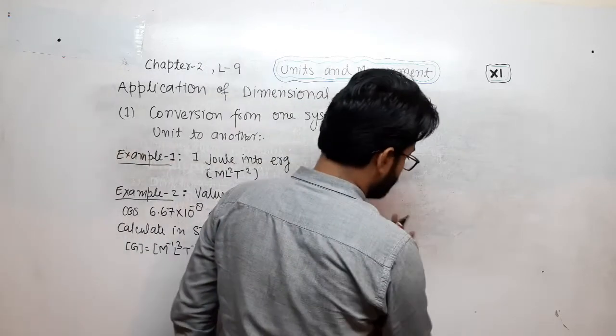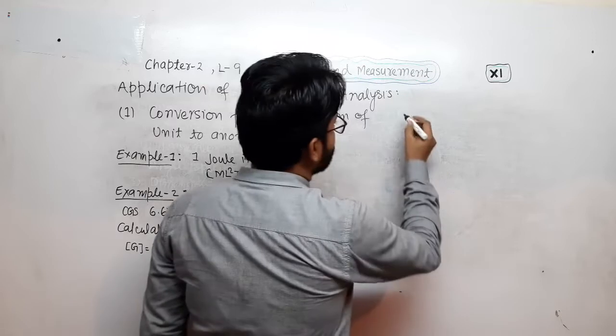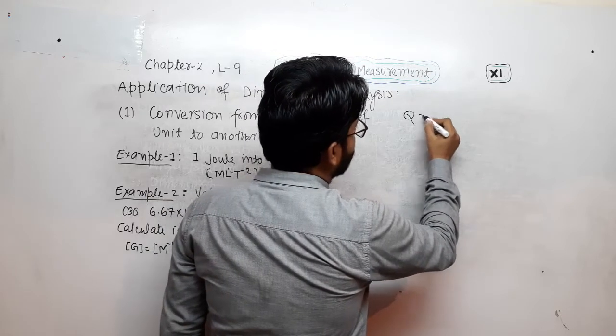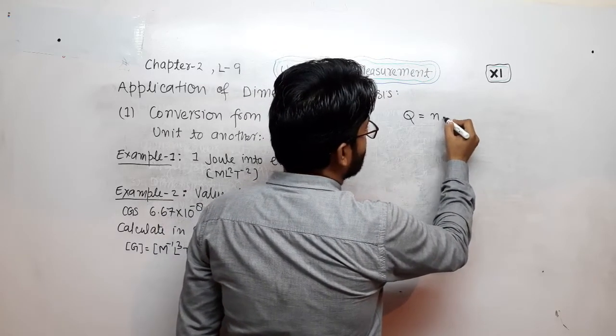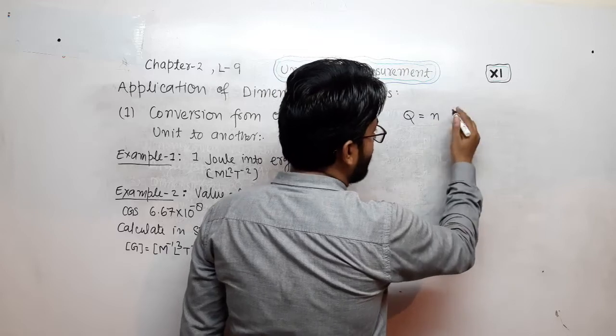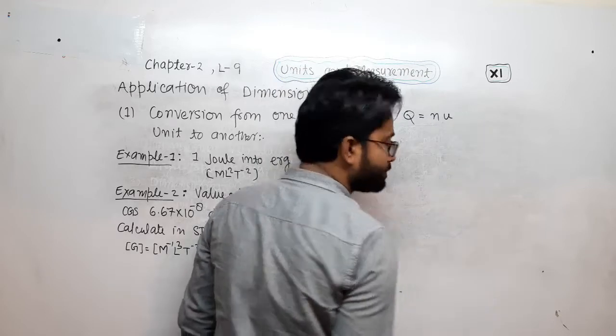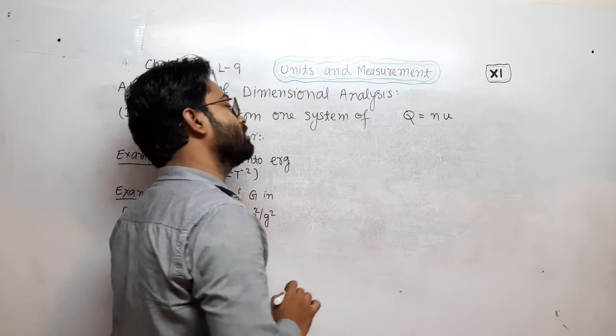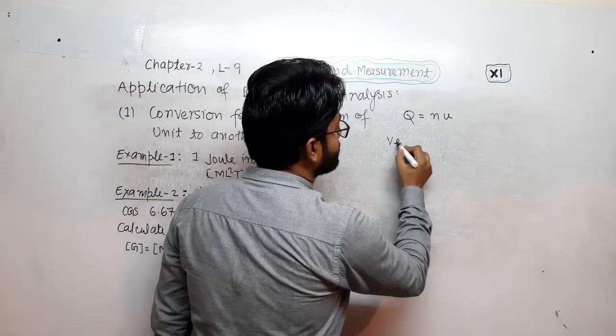One point you need to remember is that any quantity is made up of numerical value and unit. Numerical value and unit. For example, velocity.